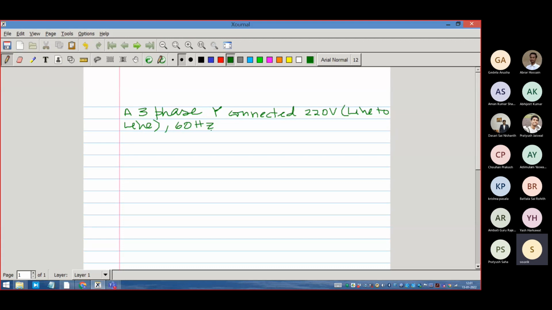The machine data is taken from that system. 6 pole.